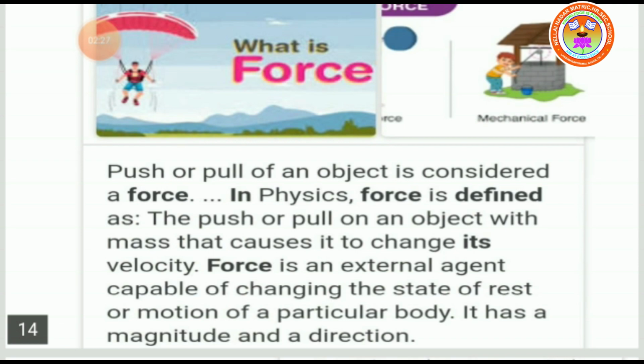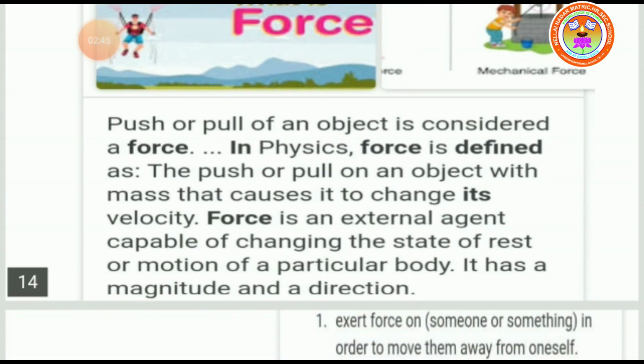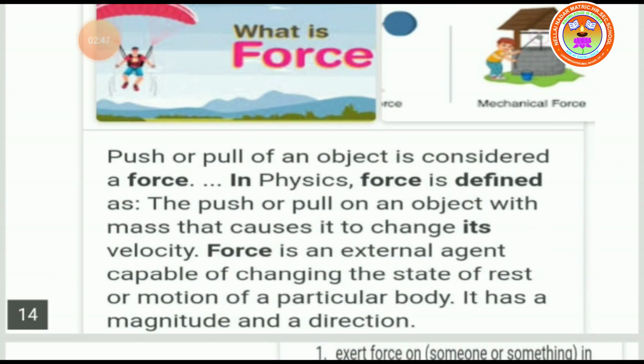Force causes it to change its velocity. Force is an external agent capable of changing the state of rest or motion of a particular body. It has a magnitude and direction. So force is a vector quantity.